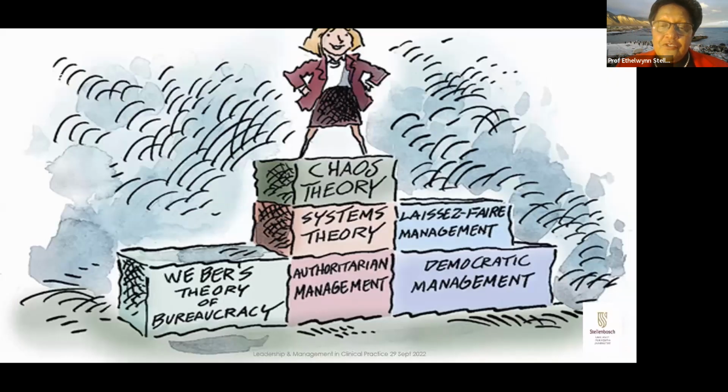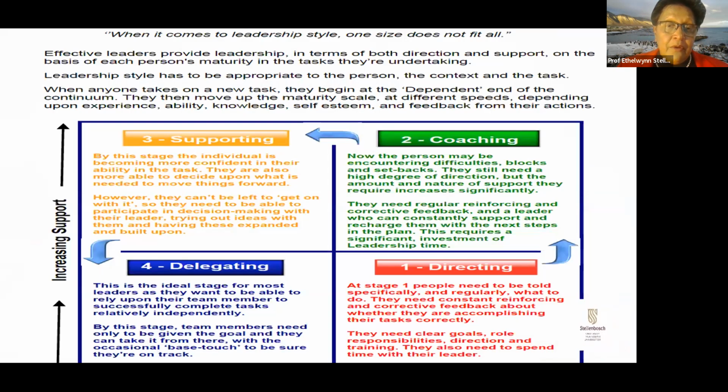So we have to sort this out, and this can be quite a critical situation if we just allow everything to go haywire. This is just a picture to show that you don't know if you're coming or going. Now, there's a very important statement on the top here that I want to read to you. When it comes to leadership style, one size does not fit all.